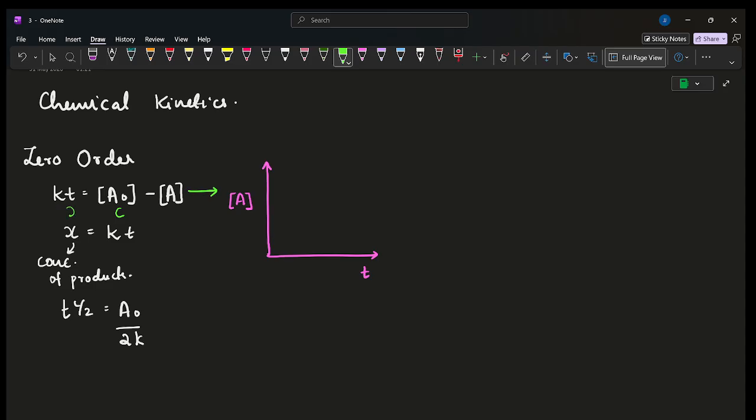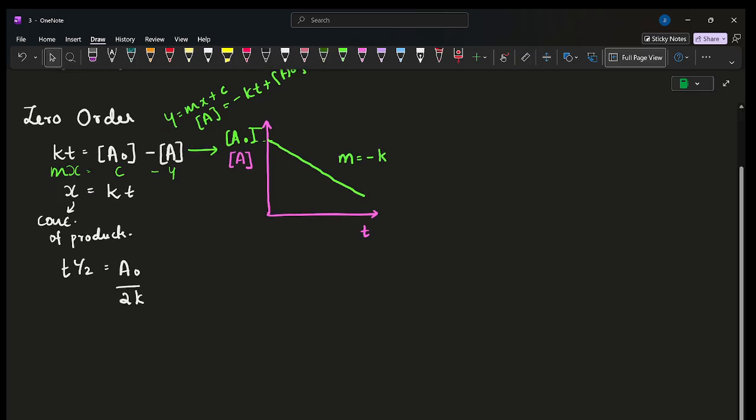If you make it into y is equal to mx plus c, so if you take A is equal to minus kt plus a naught, you're going to have a negative slope, right? So m is equal to minus k, and the intercept would be a naught. Okay, these are some important simple things that you need to remember.